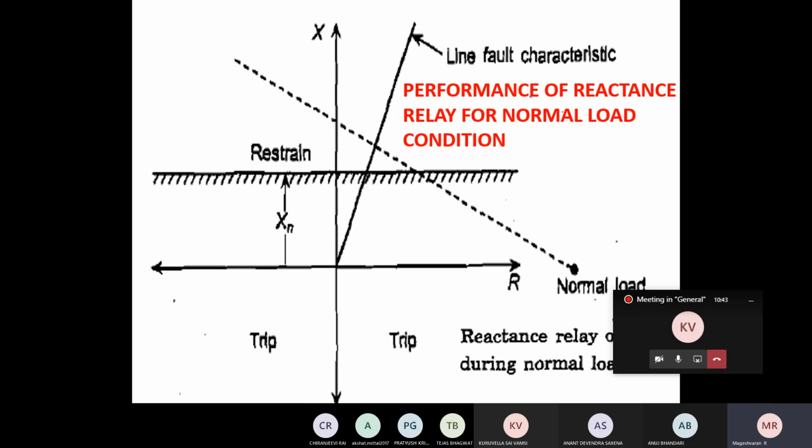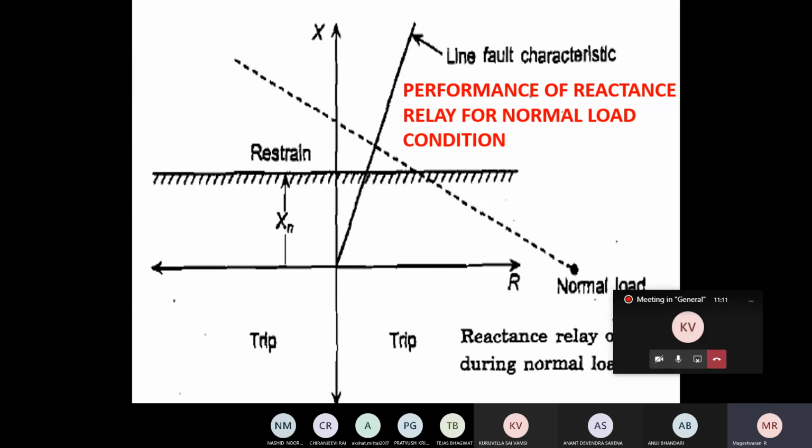Then, in the beginning itself, we discussed the fault through an arc, which has some resistance, and can be estimated using the empirical formula given by Warrington. If the fault is accompanied by an arc having that resistance, there will be an underreach in the relay, particularly in the simple impedance relay.